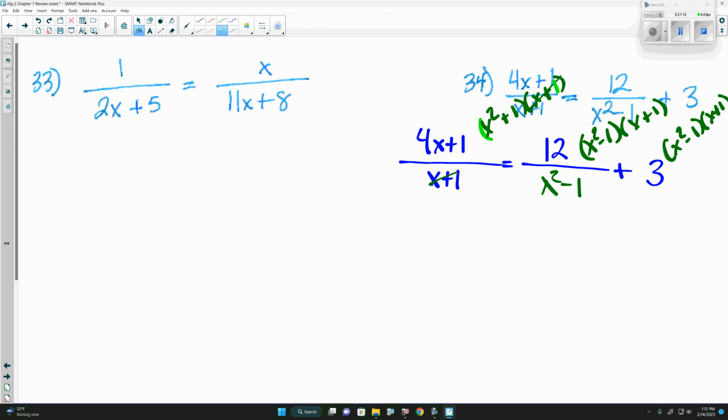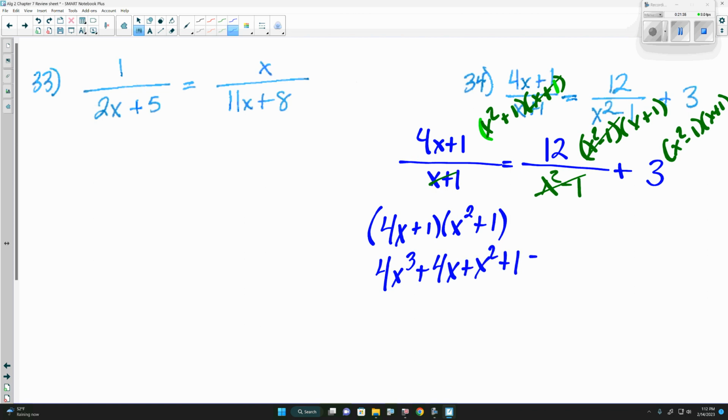The x plus 1 and x plus 1 cancel, the x squared minus 1 and x squared minus 1 cancel, and we're left with this. Now 4x plus 1 times x squared plus 1 is going to be 4x cubed plus 4x plus x squared plus 1. We're dealing with a cubic. I wouldn't write this down. Just a heads up.